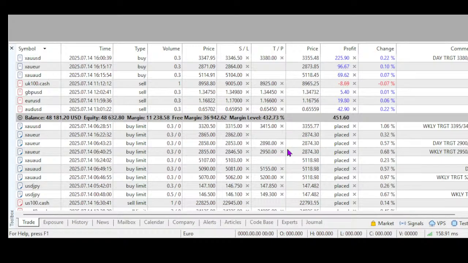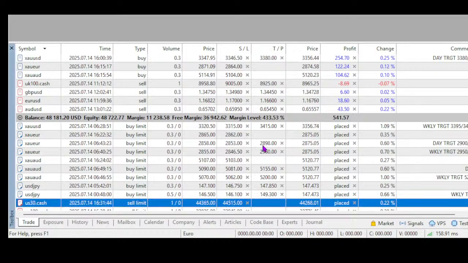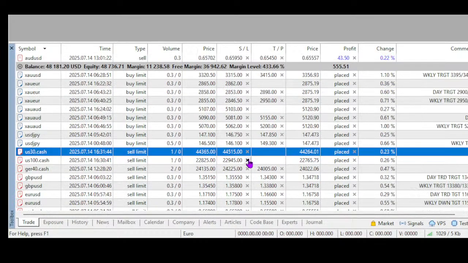Then the stop we will put about 150 points, so 515. Just put in first, then later we do the adjustment. So this is the order we have put in.